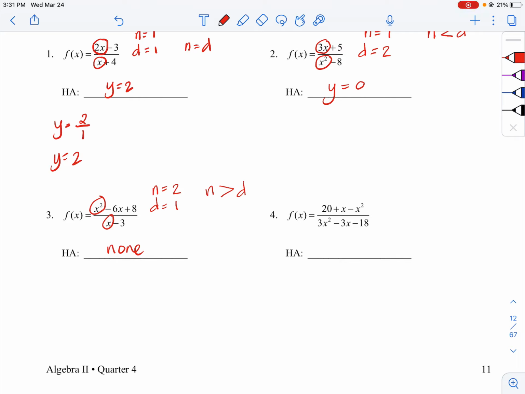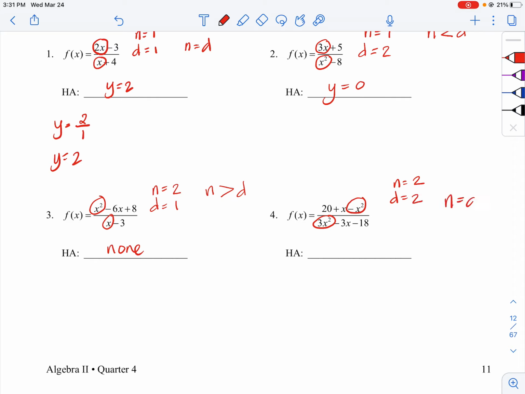Okay, moving on. We have negative x squared as the winner on the top, 3x squared as the winner in the bottom. So our n has a largest exponent of 2. Our denominator also has the largest exponent of 2.